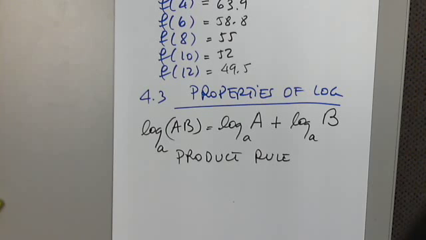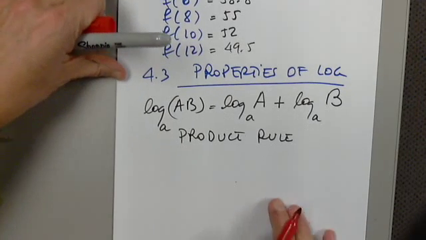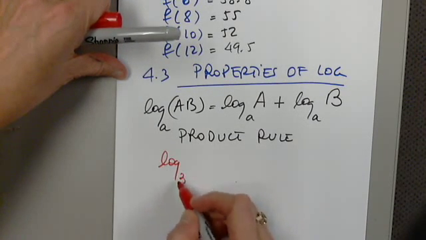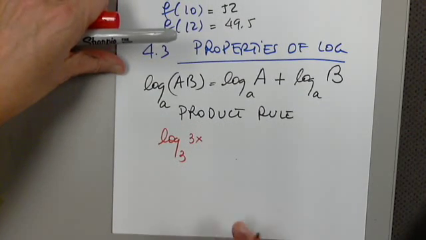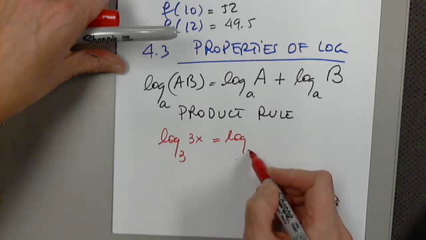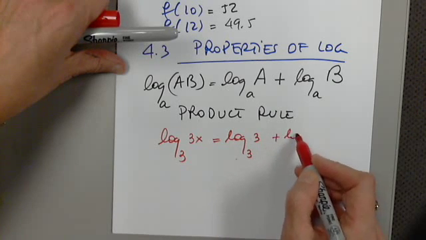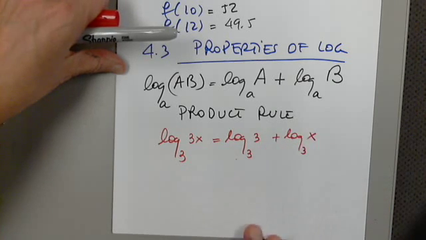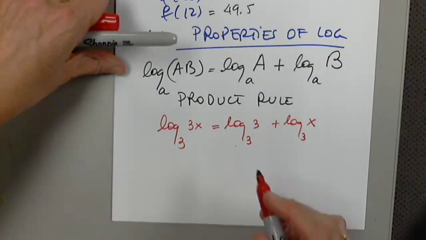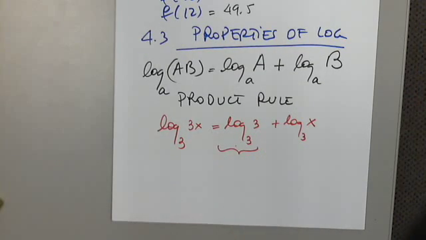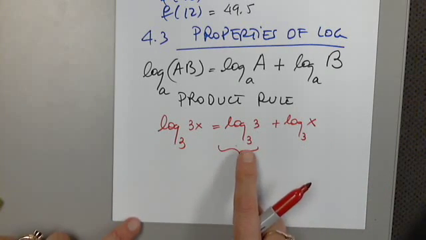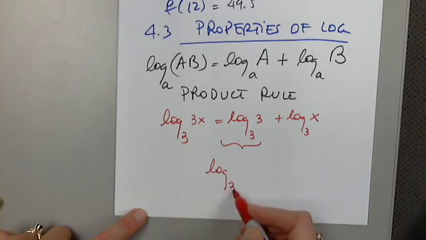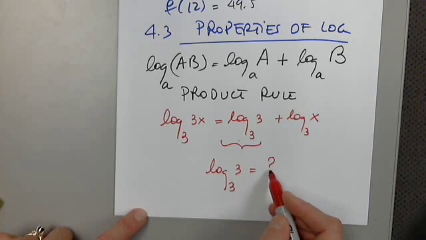So here's an example. Log base 3 of 3x. This is log base 3 of 3 plus log base 3 of x. Let's see if I can determine this. I cannot determine that because I don't have x. But let's see if I can determine this. Log base 3 of 3, I have no clue.